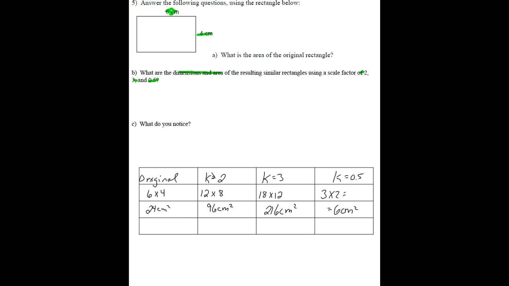Then comparisons. When we doubled the scale factor, or made each side twice as long, you may think we'll just double the area, but we didn't double the area. If you compare the areas, 96 to 24, the area is actually made 4 times larger.